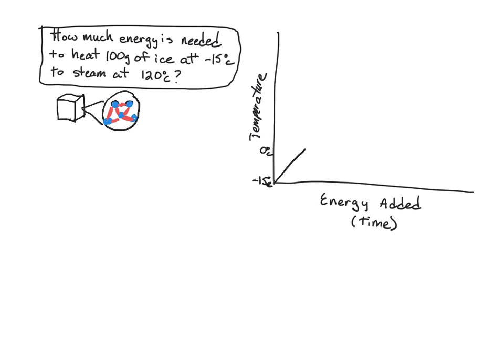Now what they do have is vibrational energy. So when I'm taking the ice from negative 15 degrees Celsius to 0 degrees Celsius, the only thing that's going to change is I'm going to have more vibrational energy. So I'm adding more lines here to show that these are vibrating more. So that's the only thing that's happening here.